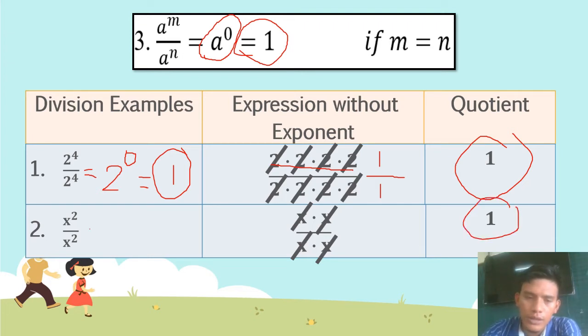So if we use the law of exponent, as you can see, they have the same exponent, 2. So you will subtract 2 minus 2, and that is 0. So our a here is x, then 0, x raised to 0, and that is equal to 1.